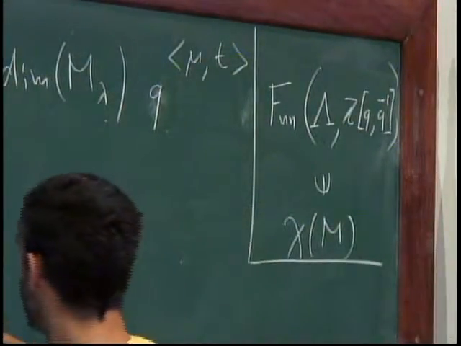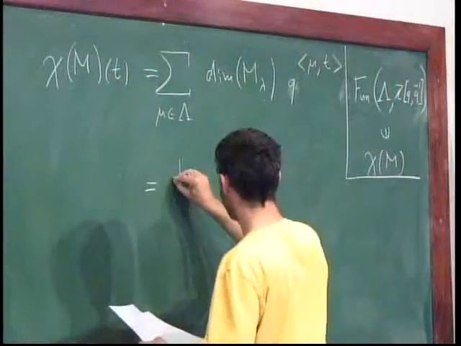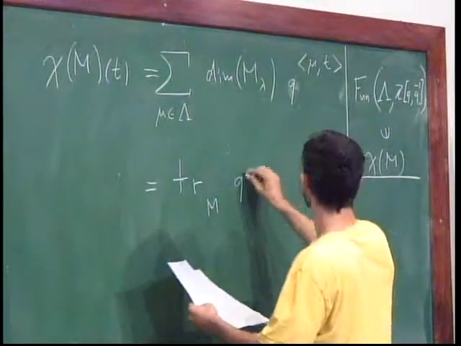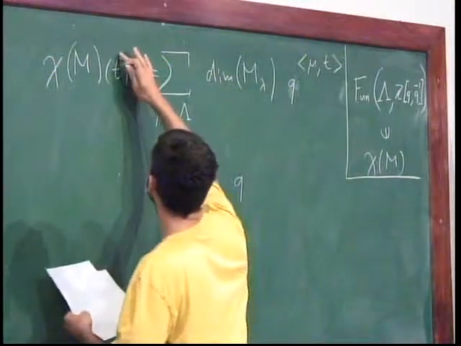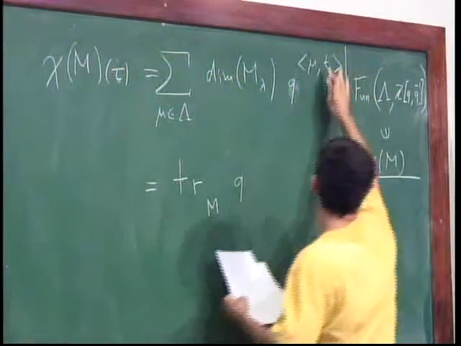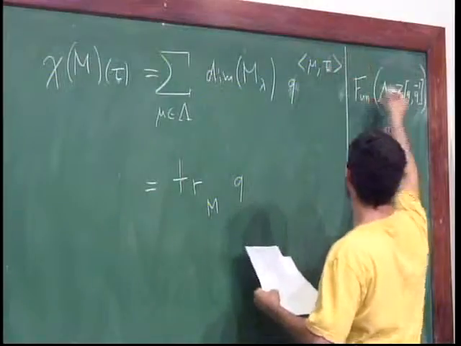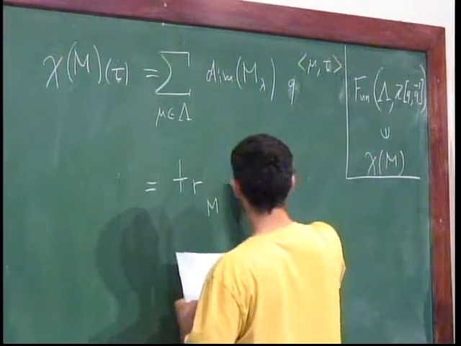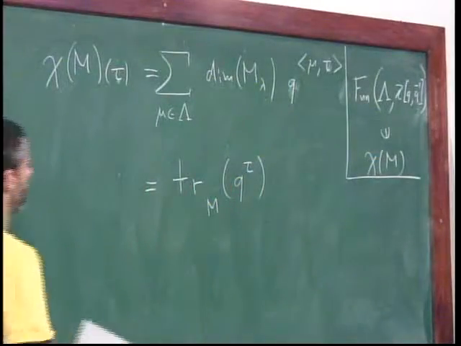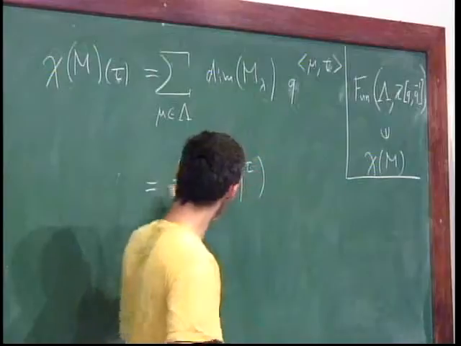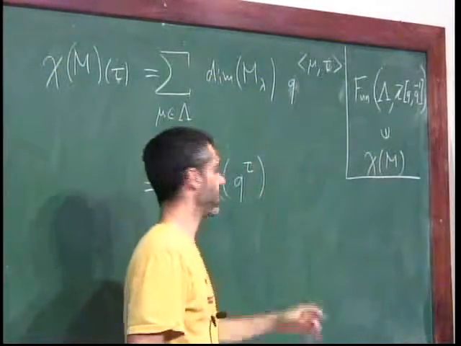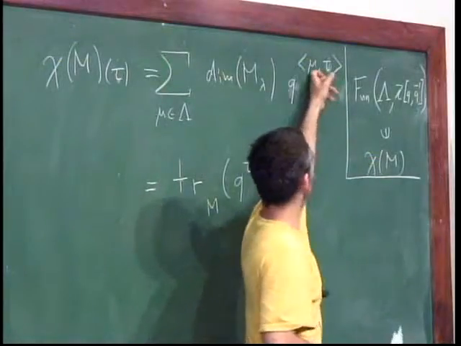And it is also given as the trace on M of q to the, well, let me use another letter. Here I use a letter tau for an element in lambda, and then I can talk about q to the tau, which, if you unravel what this means, is a thing that at a weight mu takes this value.